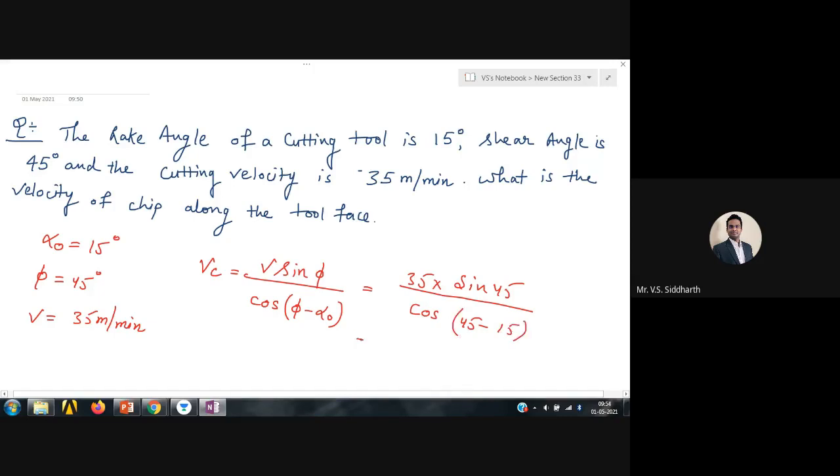When you solve it, the final answer is 28.57 meters per minute. Those who have solved it, good. Those who didn't solve it, note it down.